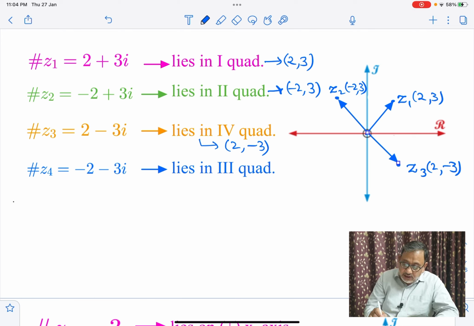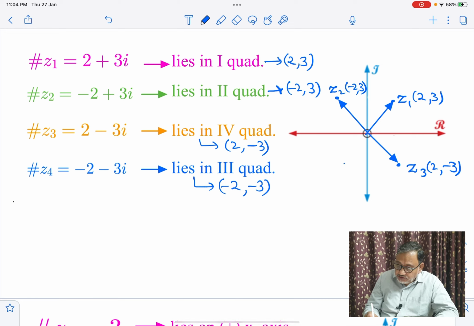Then the last one, minus 2 minus 3i, will lie in the third quadrant, and it will be associated with the point (minus 2, minus 3). Suppose it is here, z4, which is (minus 2, minus 3), and it will be represented by this arrow.